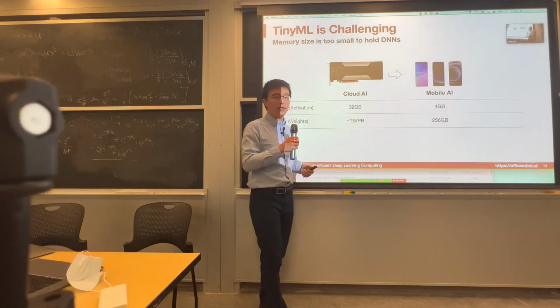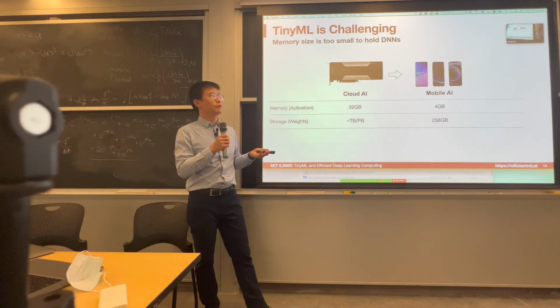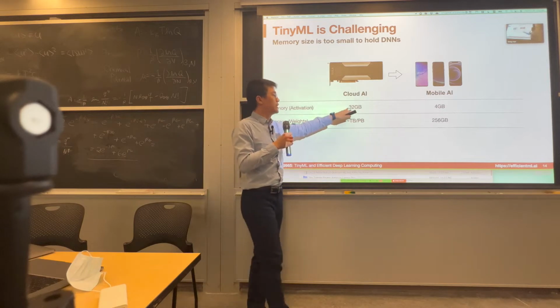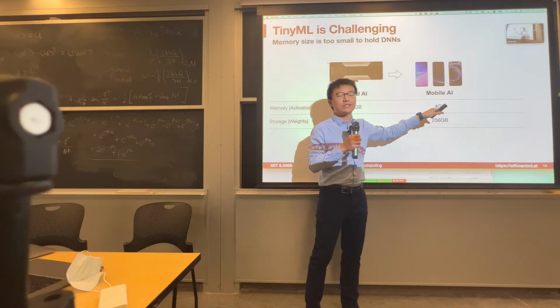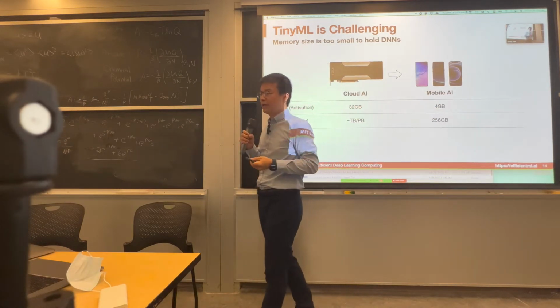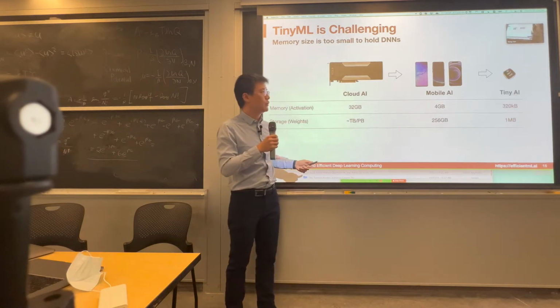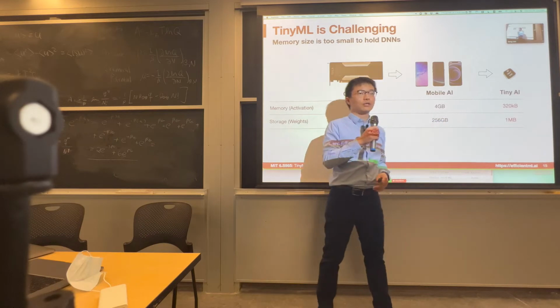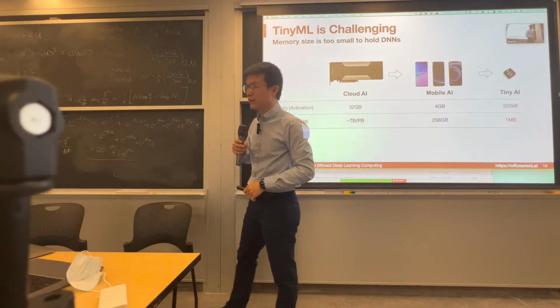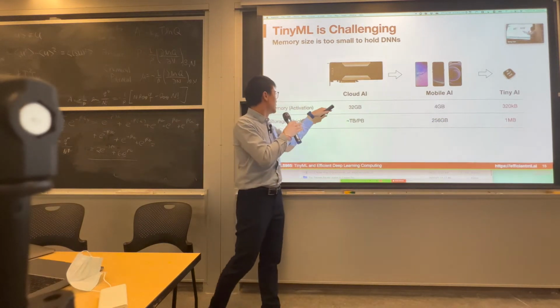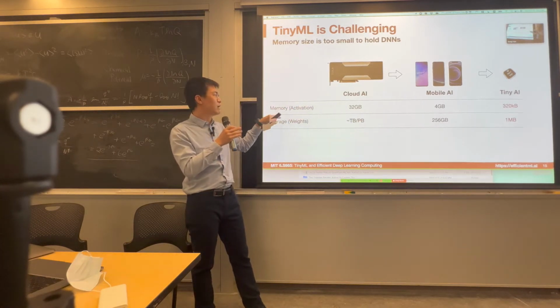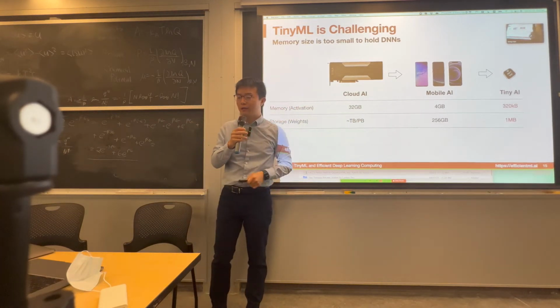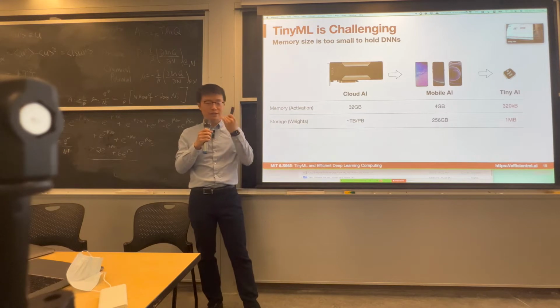So let's talk about the difficulties, right? For cloud AI and mobile AI, we can easily get gigabytes of memory, right? But for these microcontrollers, the SRAM and the flash are super limited, right? 320 kilobytes of memory for activation memory, and about 1 megabyte of storage for those weights, right?